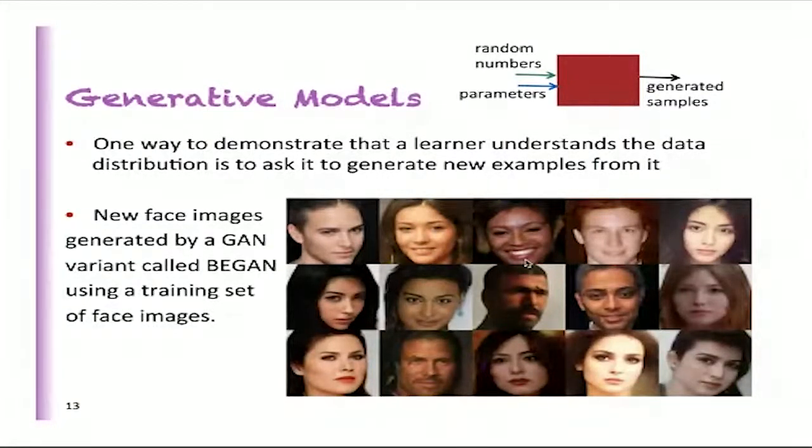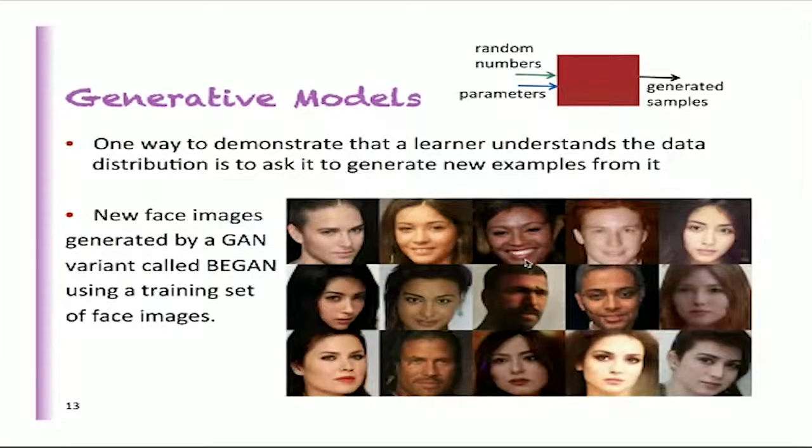And in fact, it's still kind of an open question, what is the right way of doing it? Maybe there are multiple ways and that's it. And one way to see that a computer actually understands the data, the distribution behind the data, the structure behind that distribution, is to ask the computer to generate new examples that should be coming from the same distribution.